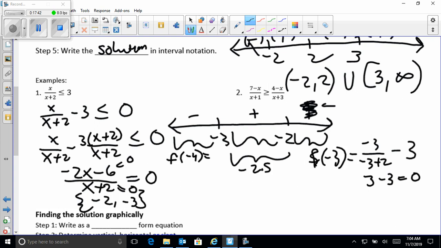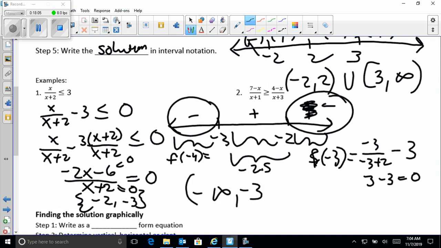The rest of them is going to be less than 0. So we have 2 solution regions. There's less than 0, because that's what it says, less than. So negative infinity and -3. We have to check -3, and then union to it.